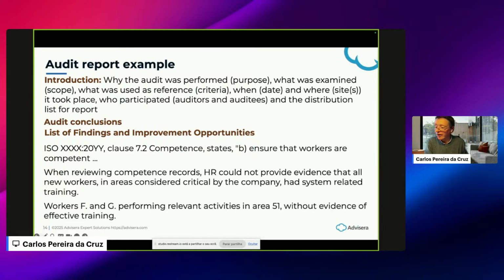No, workers F and G performing relevant activities in Area 51 without evidence of effective training. So anyone can go there and check the records of workers F and G to arrive at the same conclusion of this audit team. So here we have the must, the audit criteria. Here we have what was found, and here we have the proof, okay? You are not making things up, okay?